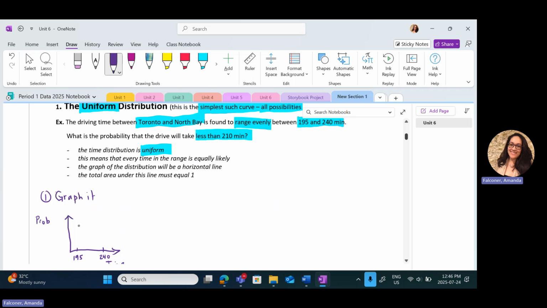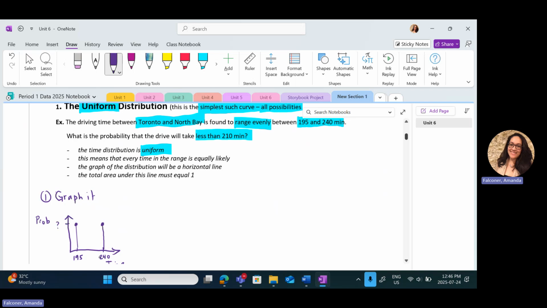time in between, it'll take a certain likelihood to make it from Toronto to North Bay in 195 minutes. It's exactly the same likelihood because it ranges evenly, it's uniform. That likelihood of it taking 240 minutes is also going to be the exact same probability. We don't know that probability.